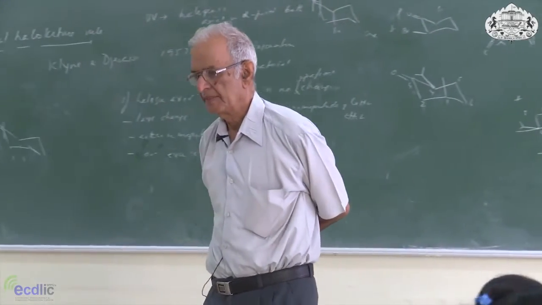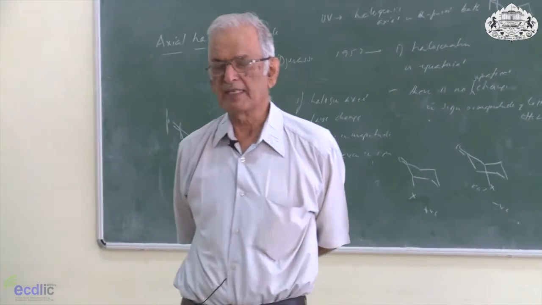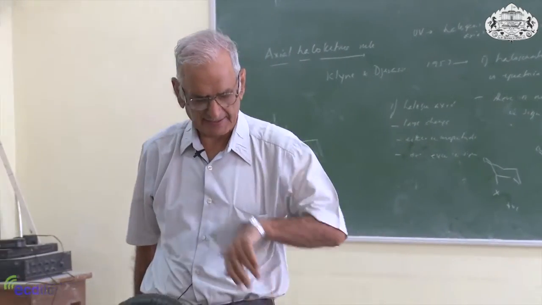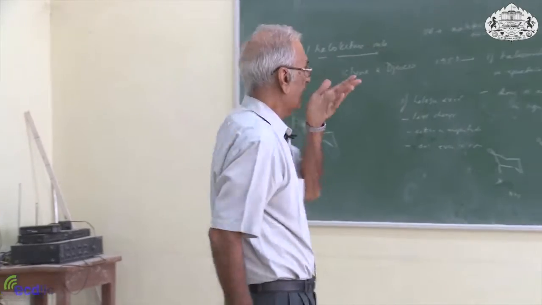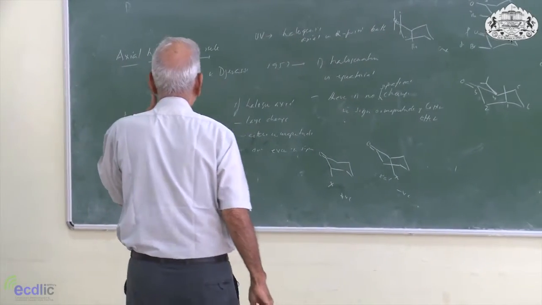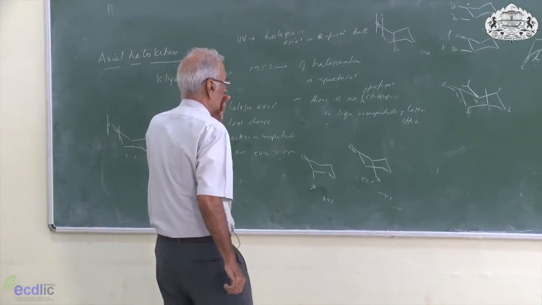All right. So, now we come to the application of the axial haloketone rule. When I do a halogenation, what are the unknowns?